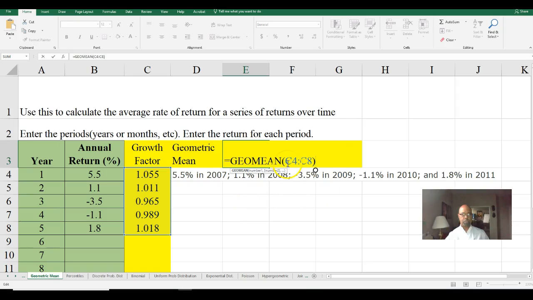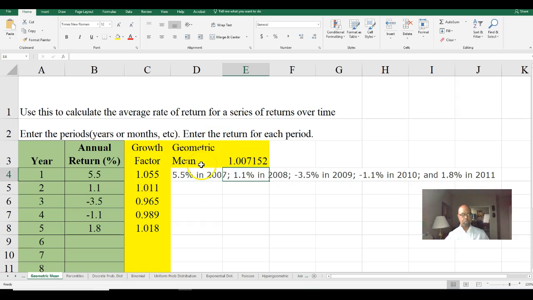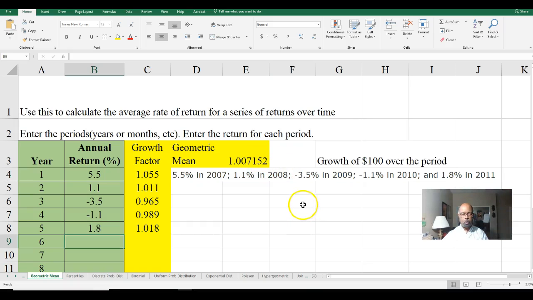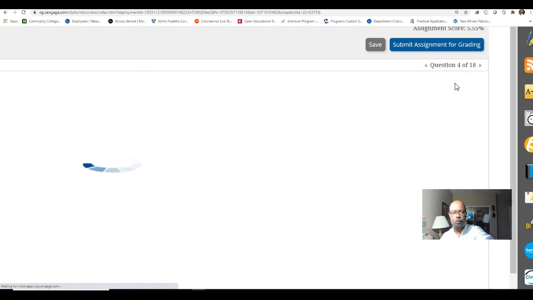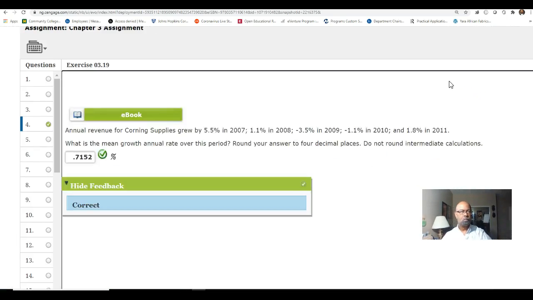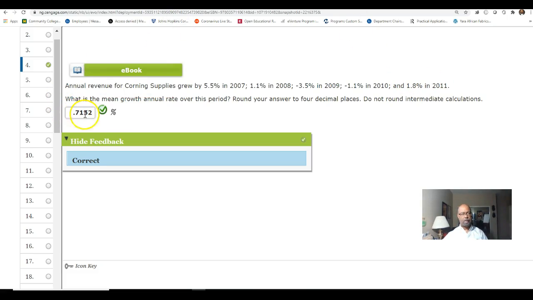So we're going to go from C4 to C8. Then our geometric mean is the decimal equivalent of this value. So the mean growth rate in this case in percentages would be 0.7152%. Entering that in, checking our work, shows us that that is correct.